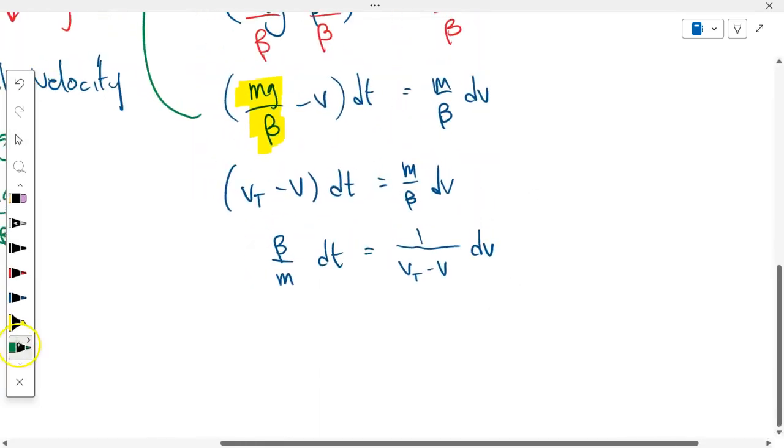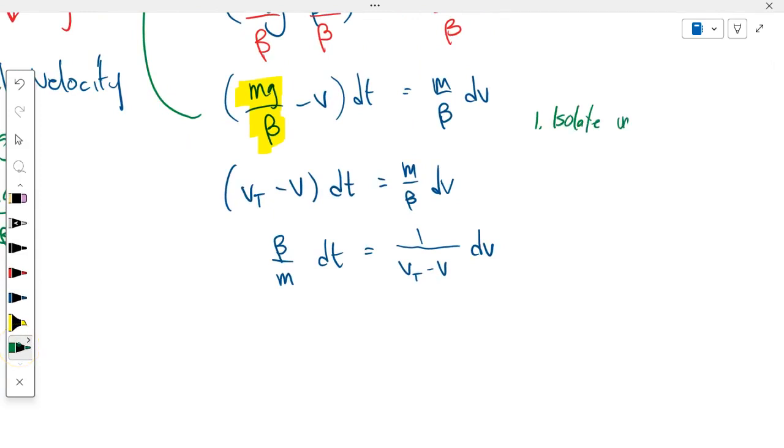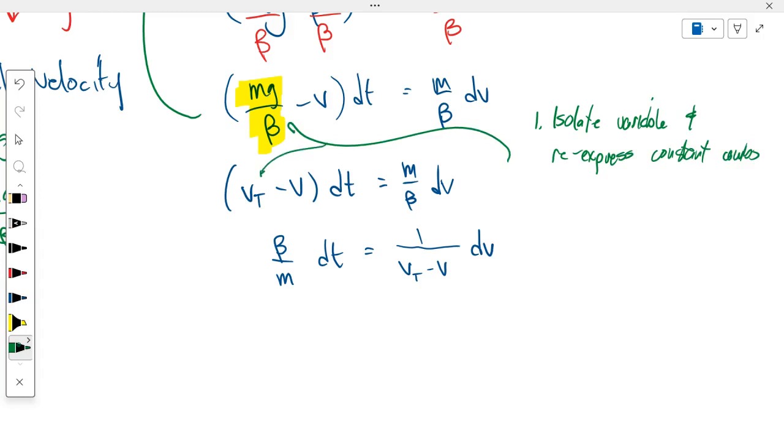One, isolate the variable and re-express the constant combo, right? So here's our constant combo, and we get to re-express it in terms of its physical meaning.